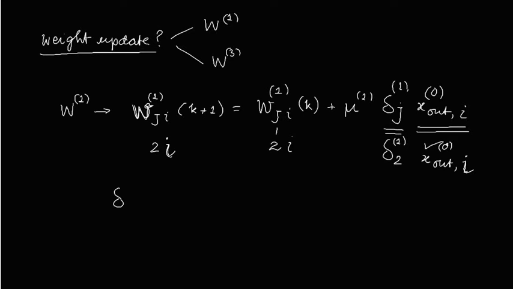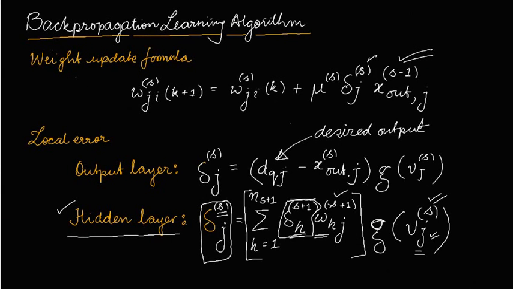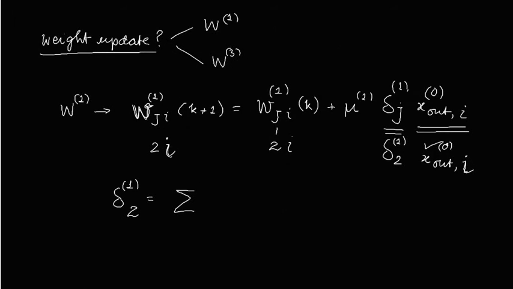So delta 2 at layer 1, if we want to find it out, we will have to evaluate it using the second formula which we have seen here, the one for the hidden layer. This will come out to be delta H, W H 2, because according to that formula, if it is J here, then it is as J, and this corresponds to the second layer.